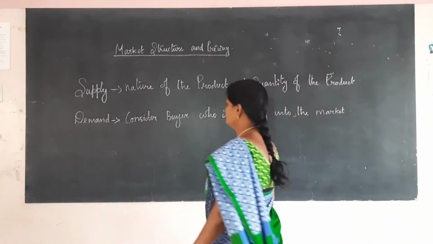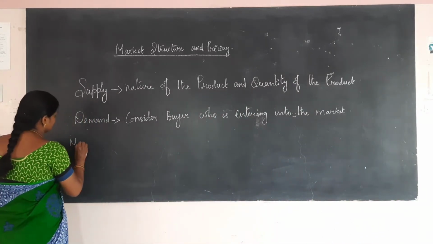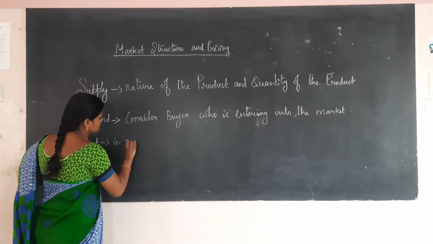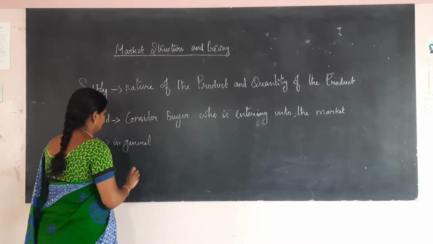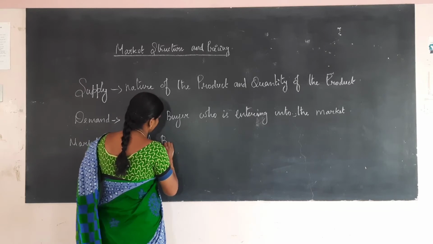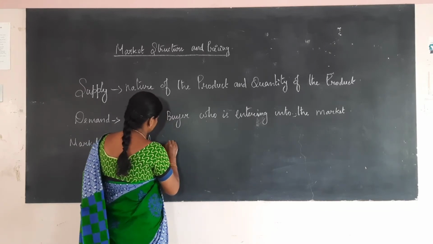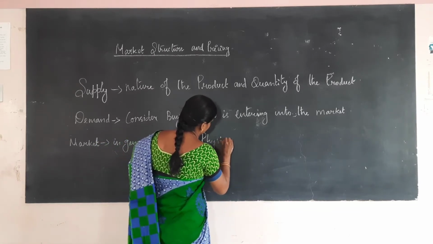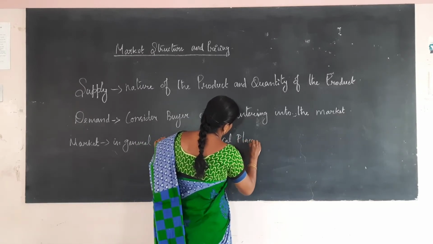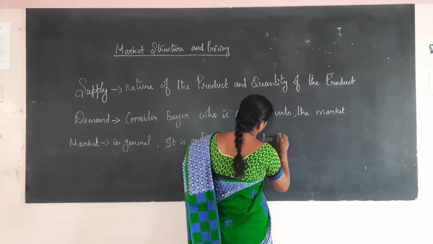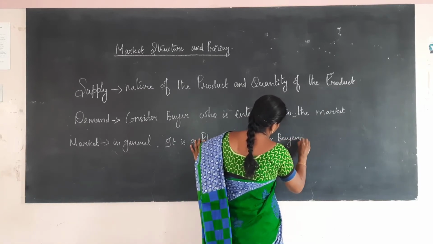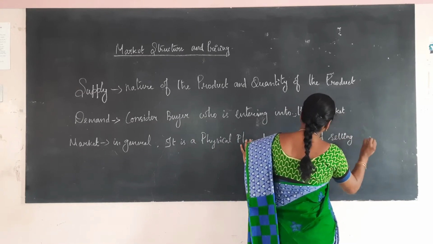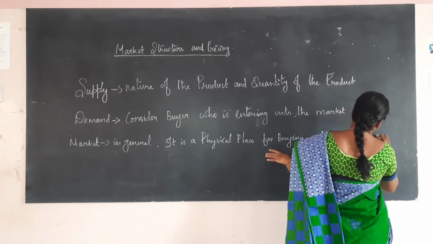Market means in general a physical place for buying and selling the commodity.